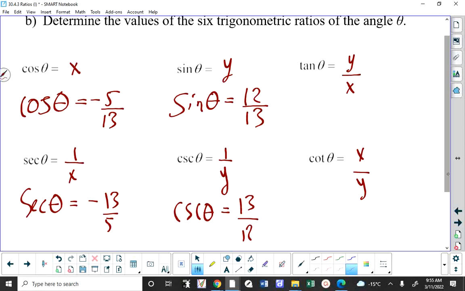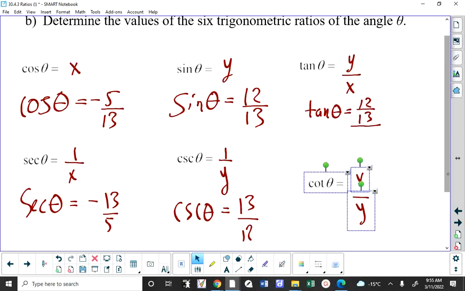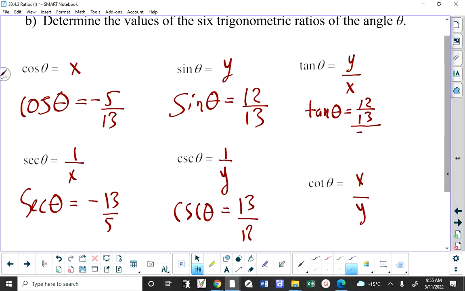We have a little bit of work here to do with tangent because we have a fraction over a fraction. Tangent of theta will be y, which is 12/13, over x, which was negative 5/13.